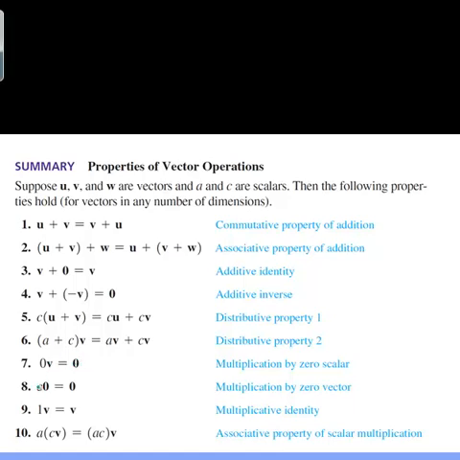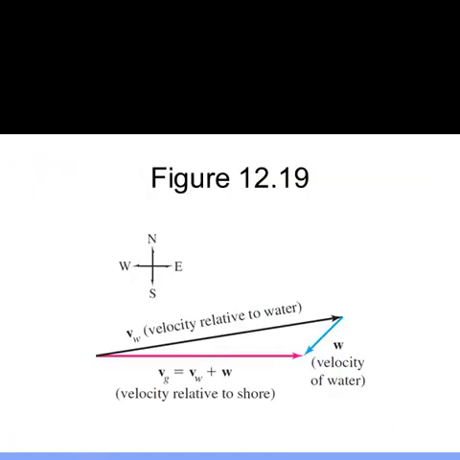Some scalar times the 0 vector is going to give you the 0 vector. The scalar 1 times any vector will give you the same vector. If you have some scalar times some other scalar multiple of vector v, that would be the same thing as multiplying those two scalars together and then multiplying by vector v.